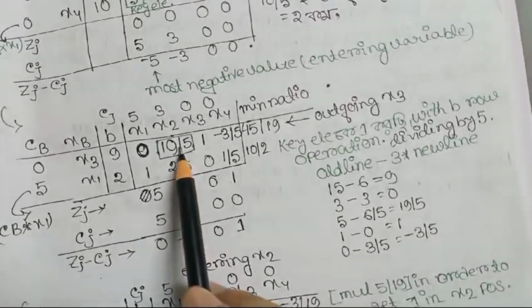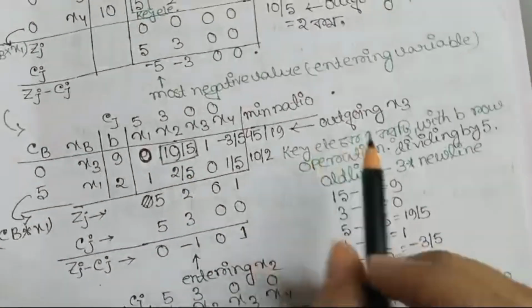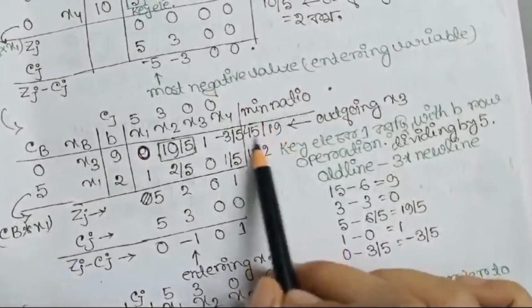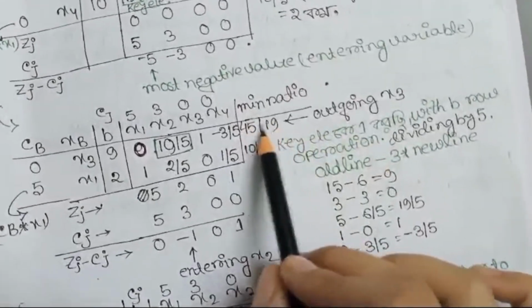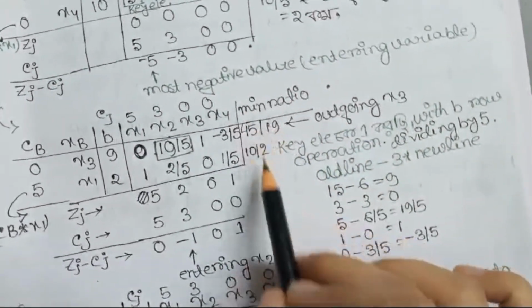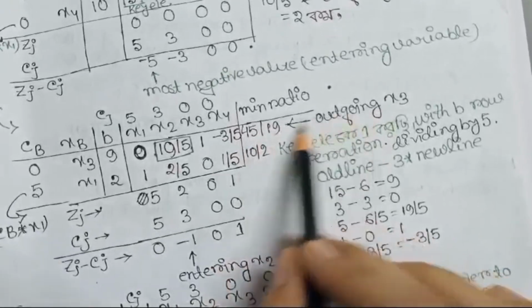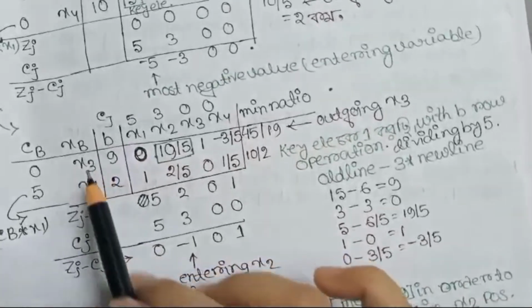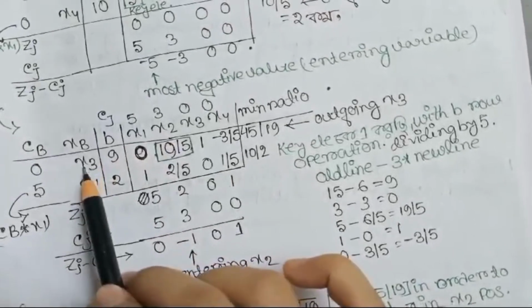So from this the variable will be entered, and as this is the smallest number between these two, this will be the outgoing row. So here x3 will be our outgoing variable, and x2 will be our incoming variable.